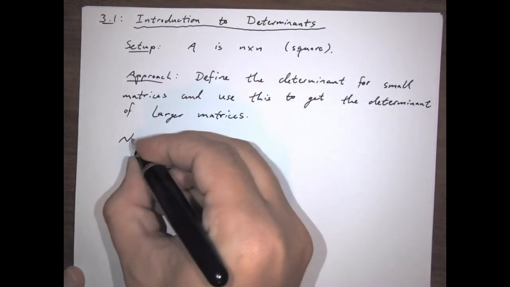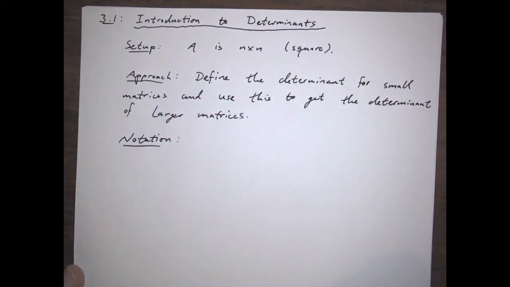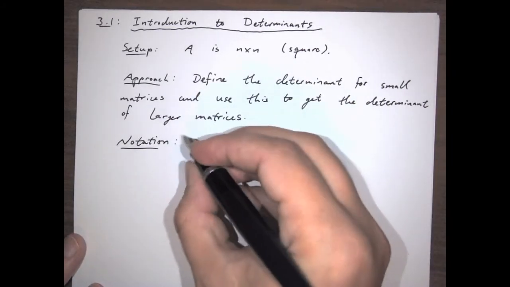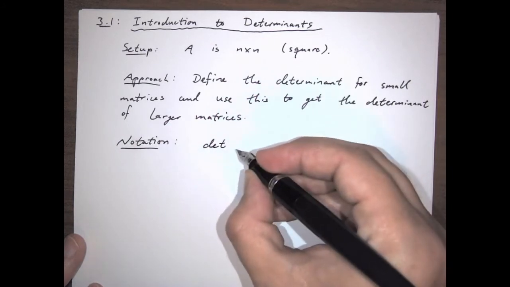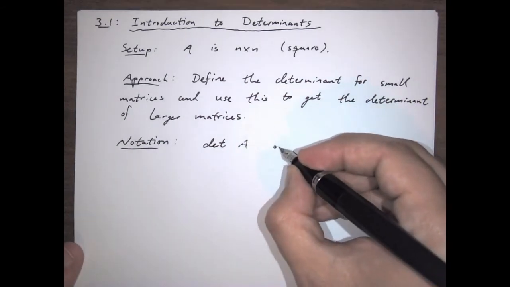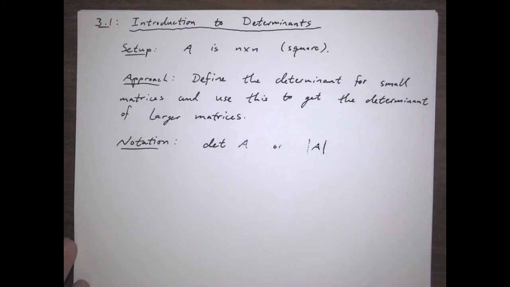So the notation that we'll use for the determinant is basically like this. We'll either write det of A or just the absolute value of A. And in particular, if we are talking about a matrix whose entries we know, then we can indicate the determinant by bars instead of square brackets.